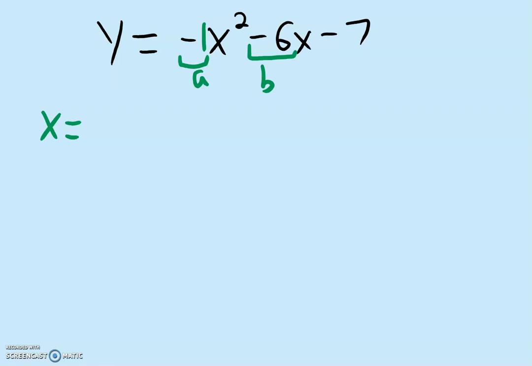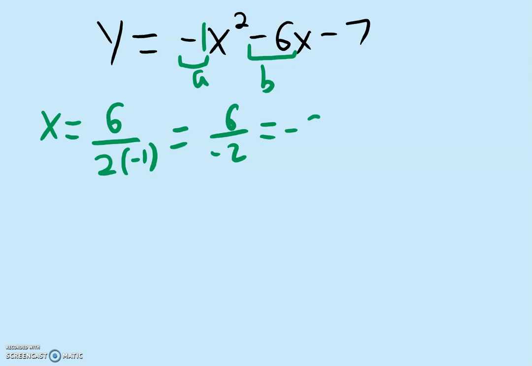So b, negative 6, we will change the sign to positive 6 on top. On the bottom, 2 times a is negative 1. So we have 6 over 2 times negative 1 is negative 2. And then 6 divided by negative 2 will give you negative 3. So we know that for the vertex, the x-coordinate is negative 3.